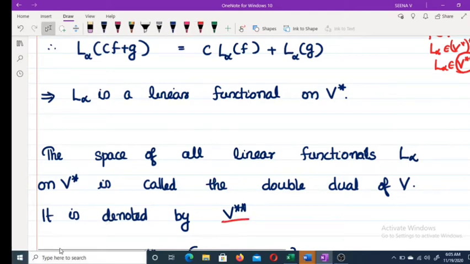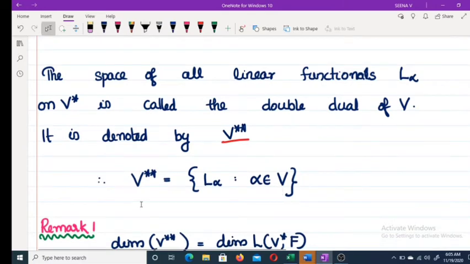The space of all linear functionals L alpha on V star is called the double dual of V, and it is denoted by V double star. Now V double star is equal to the set of all L alpha such that alpha belongs to V.